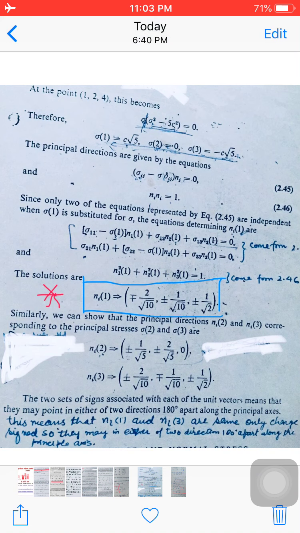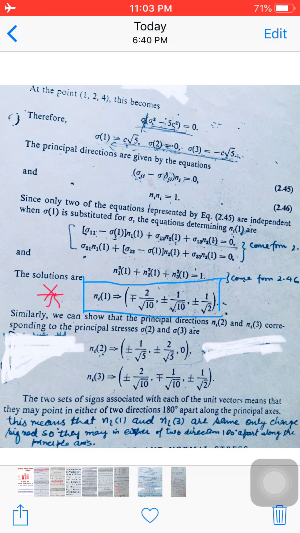In the books they can write the three components of ni1 directly on solving, but the algebraic method is very tedious to find these, because we have four equations and we need to solve for ni1 part, n11, n12 and n13 for the first direction.